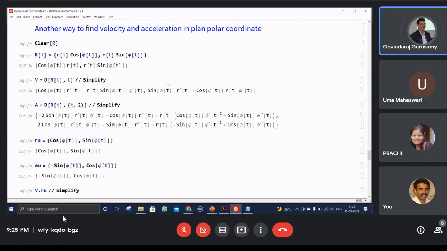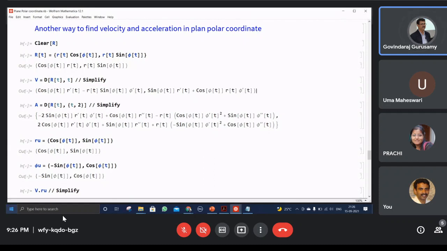Similarly, in the other component, sine phi of t has been retained and the derivative of the sine component has been taken, at that time phi prime of t has appeared. So we started with the position vector and we found the velocity is this one. This is your velocity in polar coordinates.